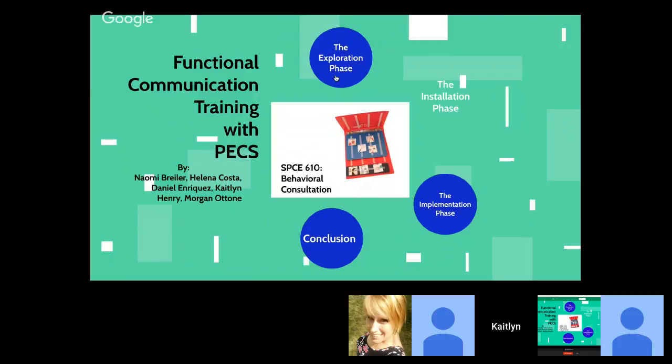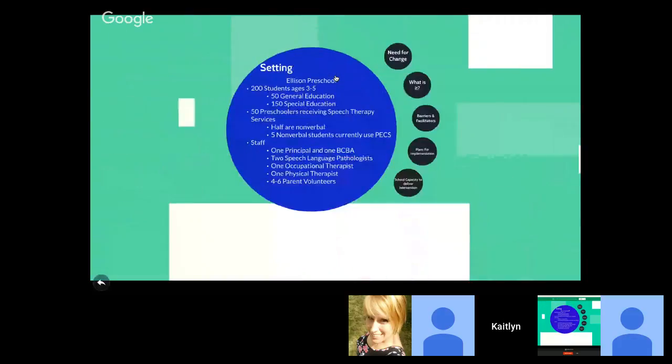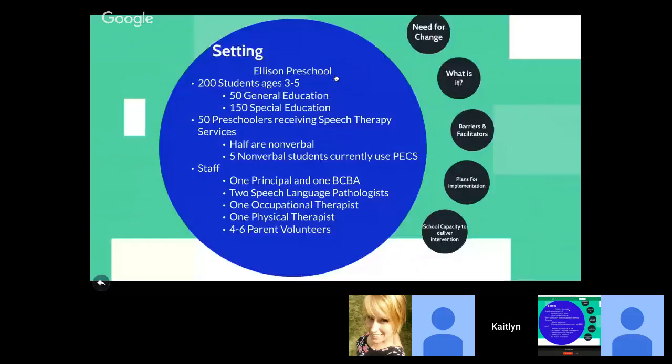Hi, I'm going to first talk about the exploration phase. So the setting that we're going to be implementing in is Ellison Preschool, which has 200 students ages 3 to 5. 50 of those students are general education, and the other 150 are special education. 50 of those preschoolers are receiving speech therapy services, and half of them are nonverbal.